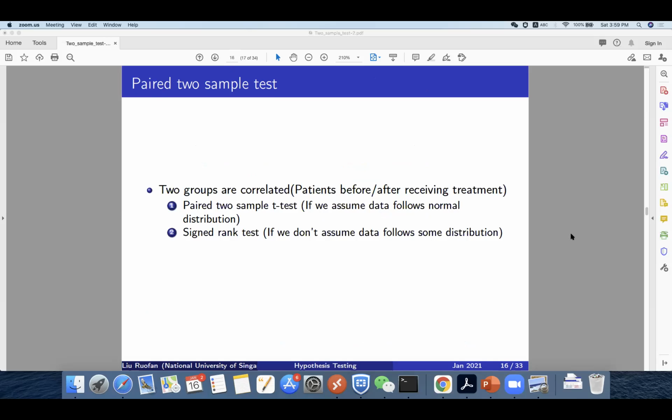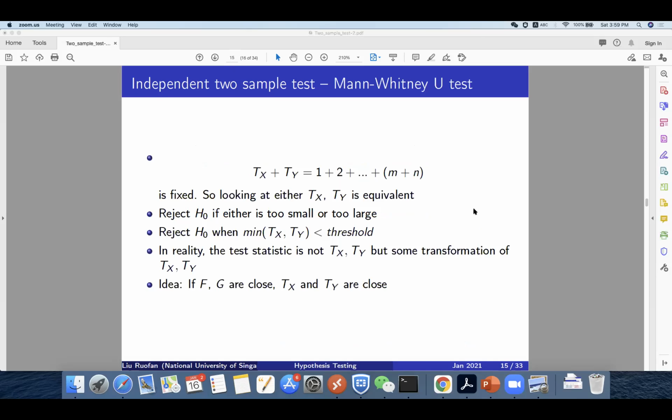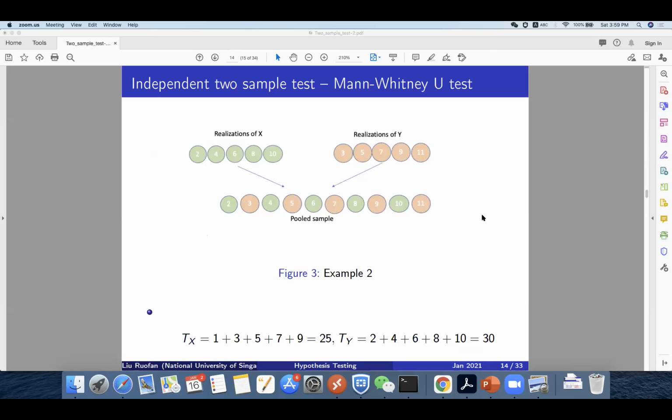Let me see. So here are the questions. What if we misuse the independent Mann-Whitney U test as the dependent Mann-Whitney U test? Misuse. Yeah, misuse.